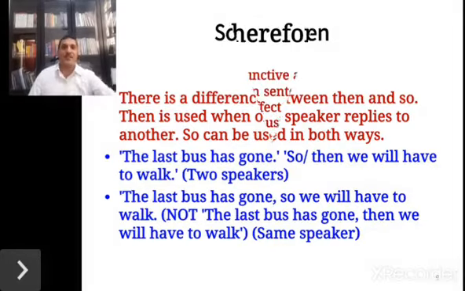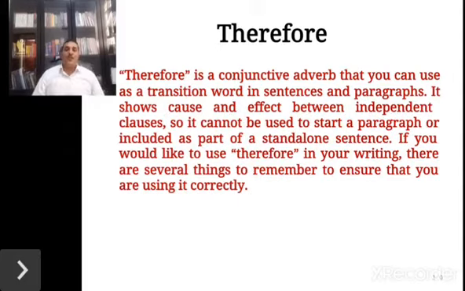Therefore, next. Therefore is a conjunctive adverb that you can use as a transition word in sentences or paragraphs as well, because in the coming lectures we'll cover rules of writing papers, paragraphs, essays, articles, even projects.